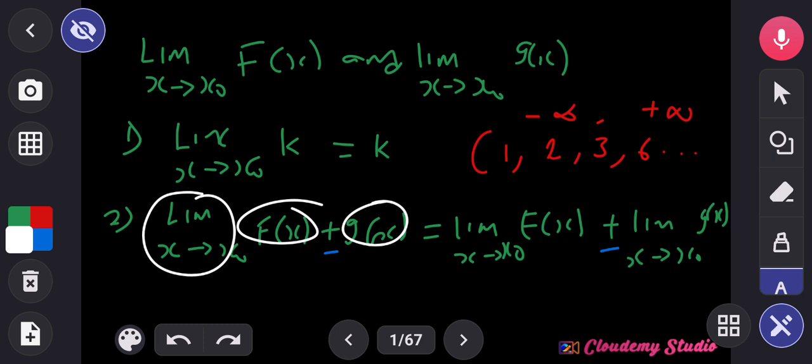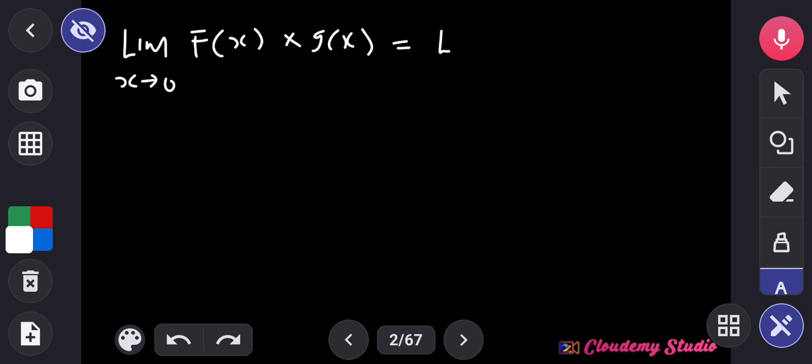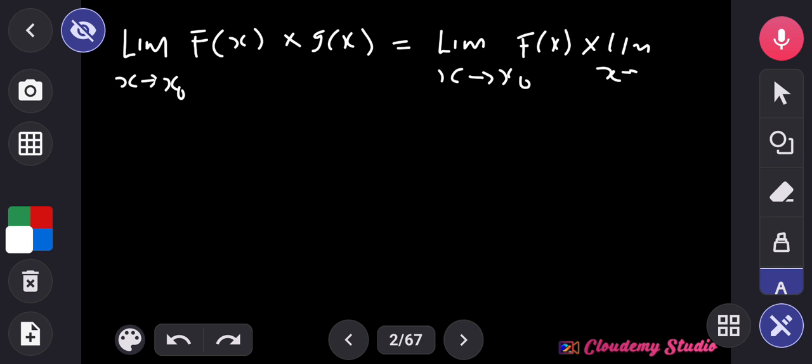Another one is, if you say the limit of x tends to x naught of f of x multiplied by g of x, that is equal to the limit of x tends to x naught of f of x multiplied by the limit of x tends to x naught of g of x.